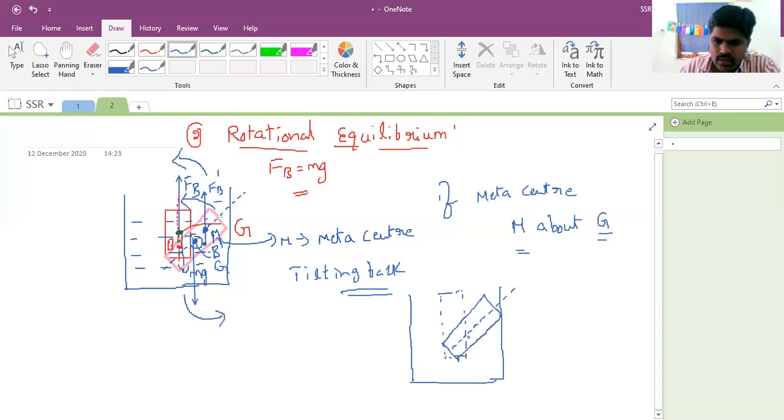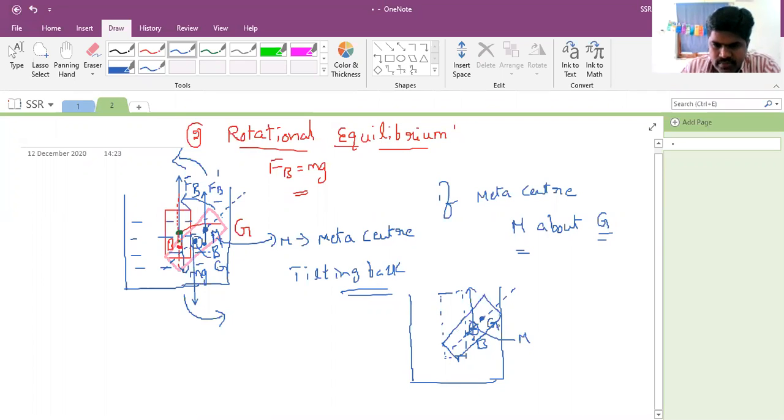In this case meta center will come down. That means, because the mass is above the surface of water, center of gravity will go up. Somewhere buoyancy force here at this point, then the buoyancy force line will be like this. The intersection of this initial line and final line will give meta center. Then this meta center is below the center of gravity.